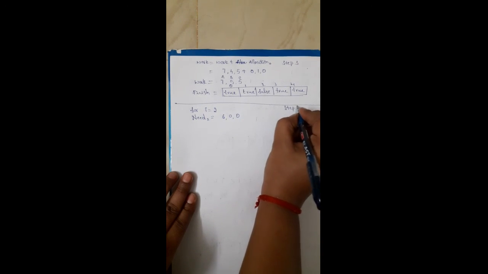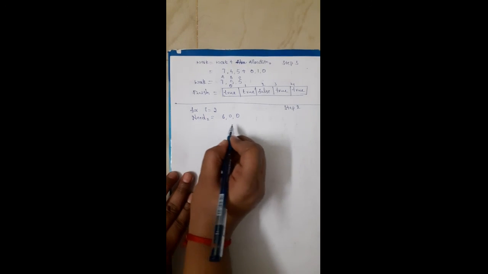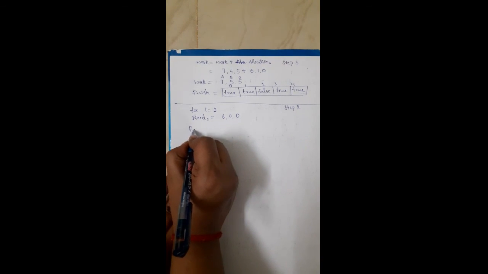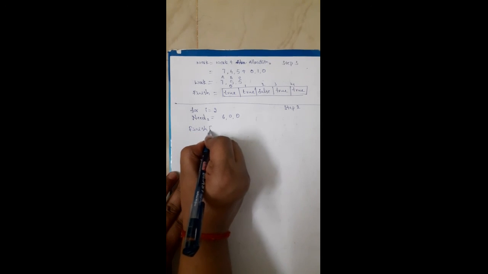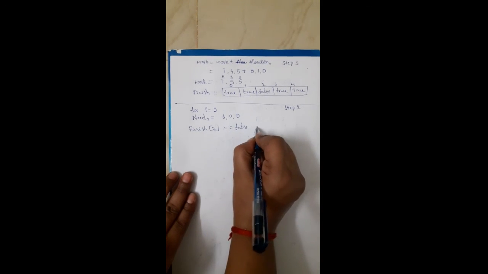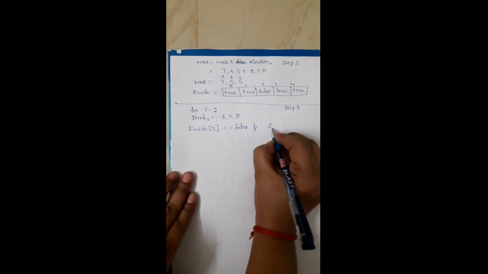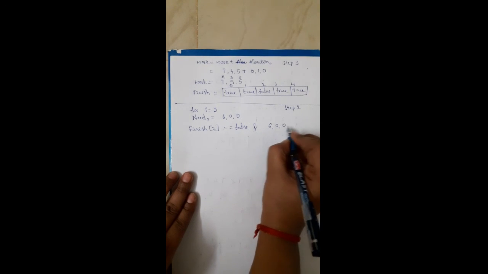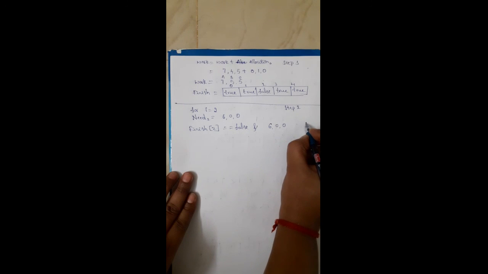This is step number 2, right? 6, 0, 0. So we'll check the condition. Finish of 2 is equal to false. Yes, it is, right? And need is 6, 0, 0. And the available, work is 7, 5, 5. Which one is greater? This one is greater.